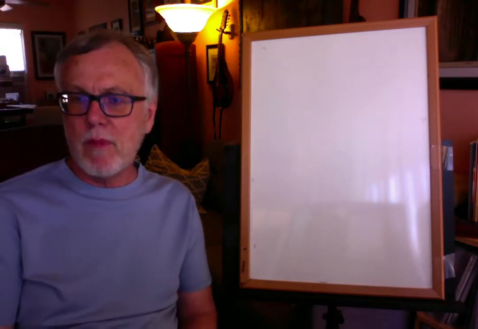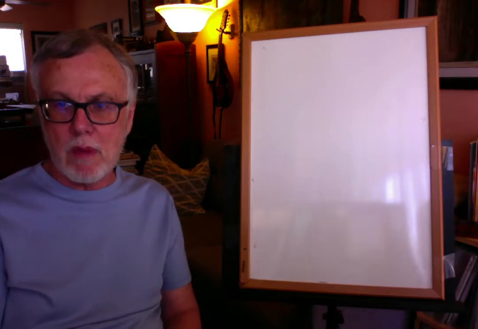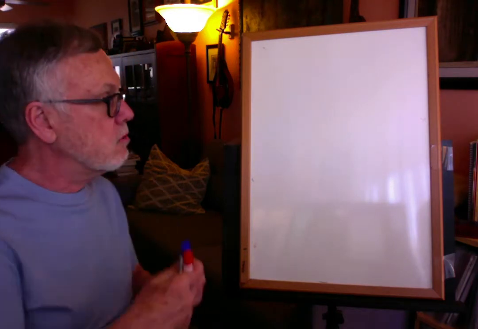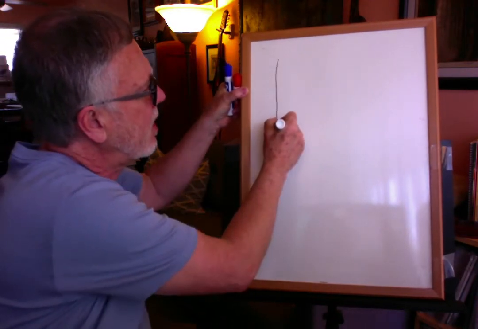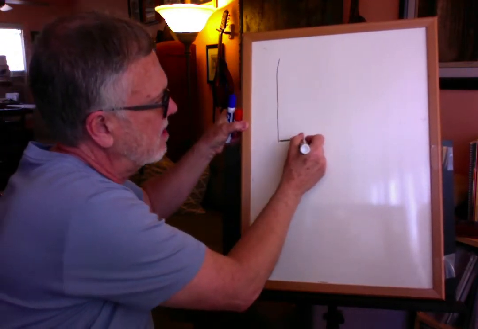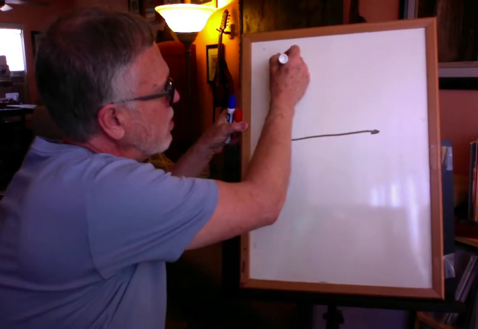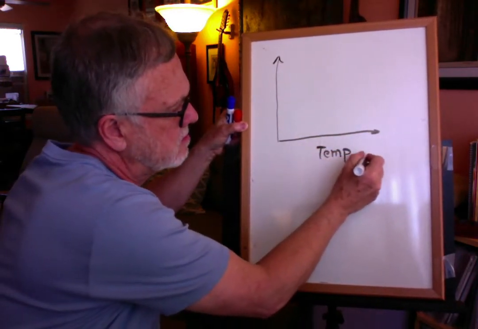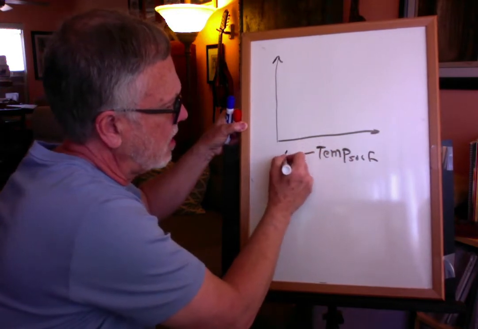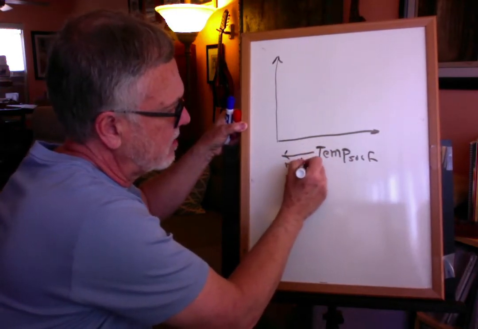is that for most of the life of a star, it is a main sequence star. Recall, if we look at the HR diagram, this is the temperature of the surface of a star, and this is getting hotter in that direction on that axis.